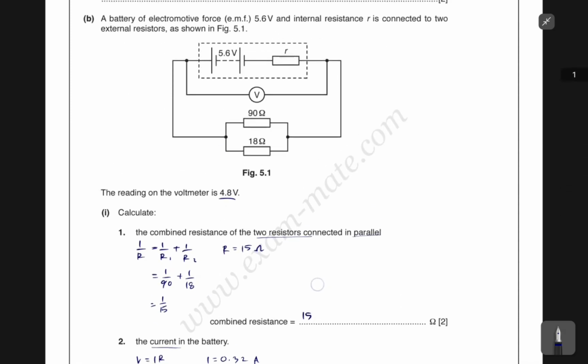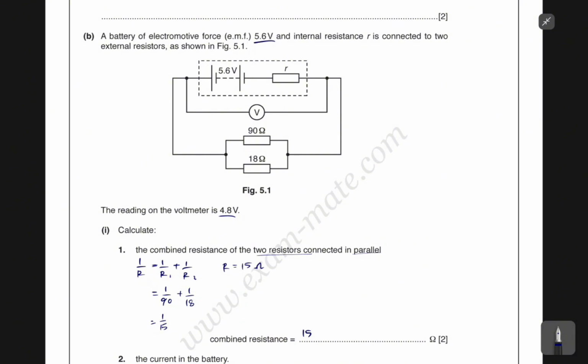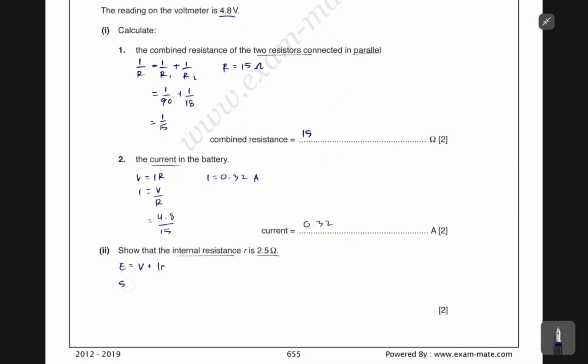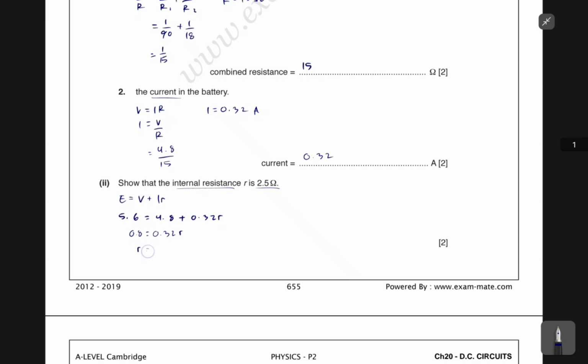E is EMF, so 5.6 equals V, which is 4.8, plus 0.32 times r. 5.6 minus 4.8 is 0.8, and we divide it by 0.32, so 2.5.